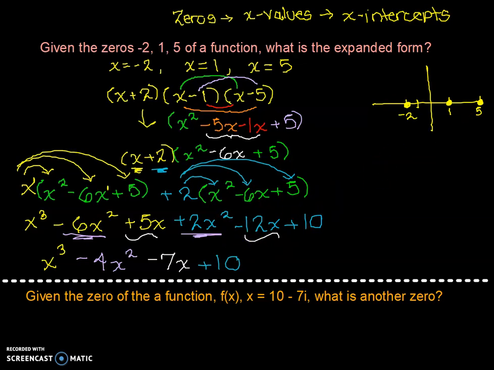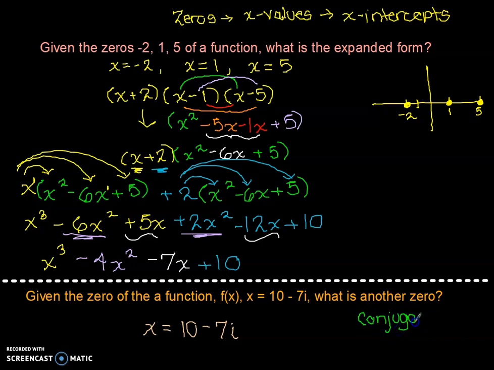So then last up with the zeros. So given the zero of a function f of x, x equals 10 minus 7i. So they're already telling you the zero again. Rather than working backwards all the way to get to the original polynomial, they're just asking, what is the other zero going to be? So one thing to know about when your answer is a complex number, meaning real and imaginary, they always travel in what's called conjugates.